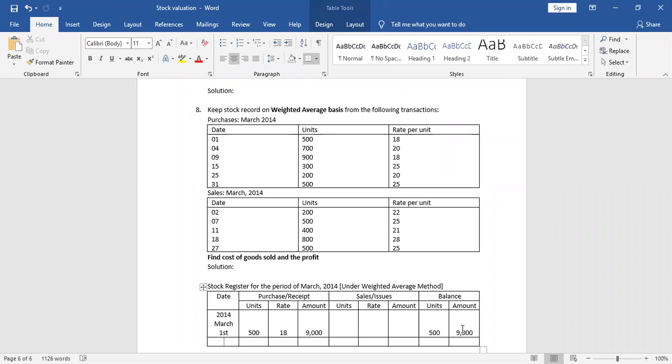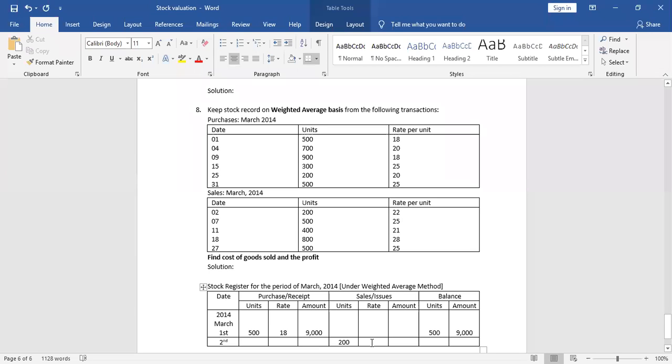Now which is the next date? Can you all see? After 1st, 4th is the purchase date, and on 2nd March we have done sales. So will 4th come first or 2nd come first? First 2nd will come, and on 2nd we have sales. How many units? 200.